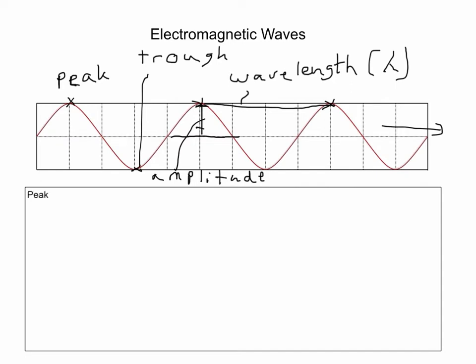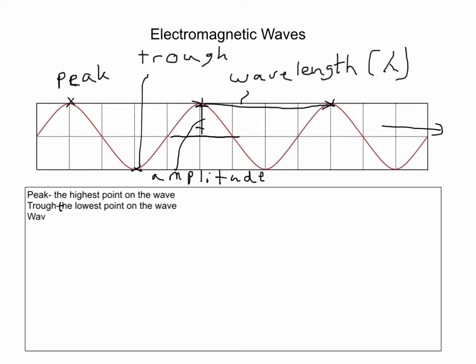We have the peak of the wave, and this will be the highest point on the wave. We have the trough. This is the lowest point on the wave.